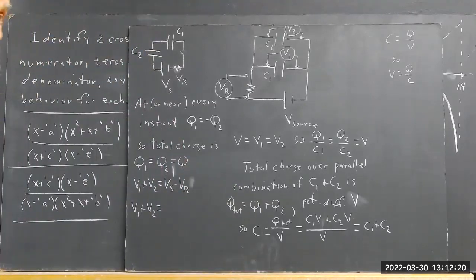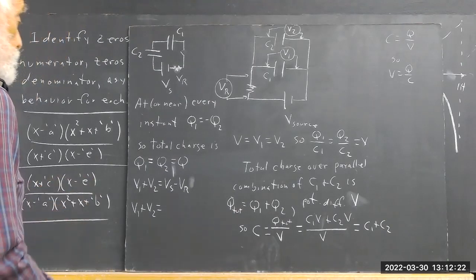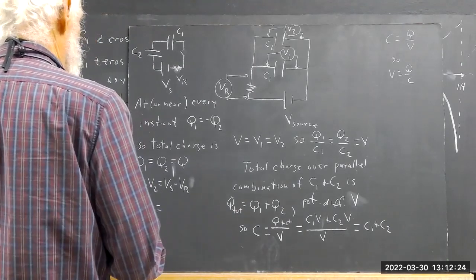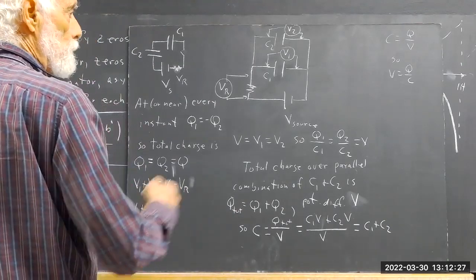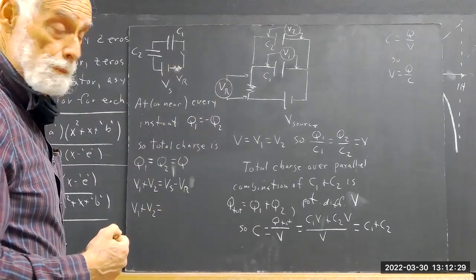We're going to call that Q. V1 plus V2, then, is what? Well, voltage is Q over C.